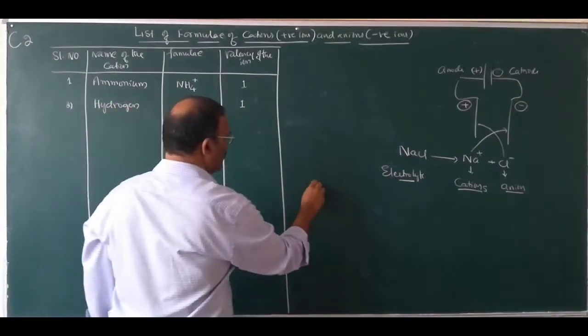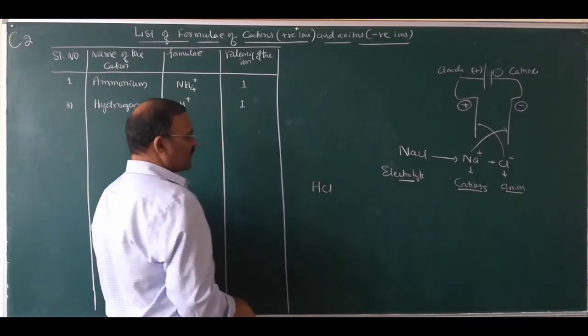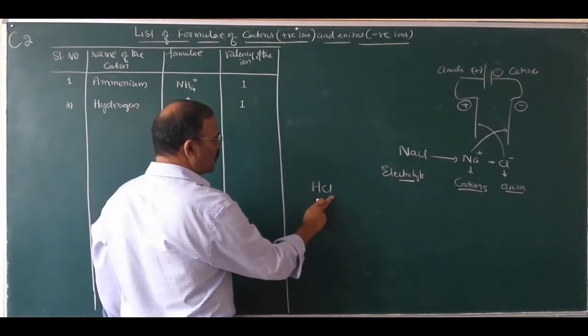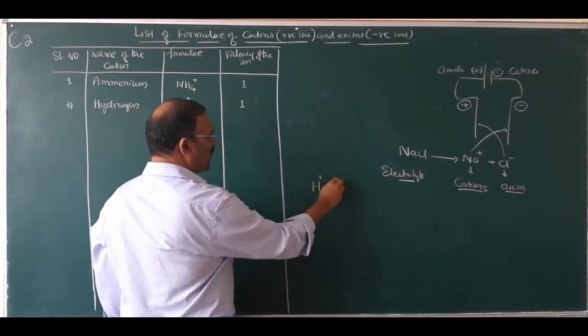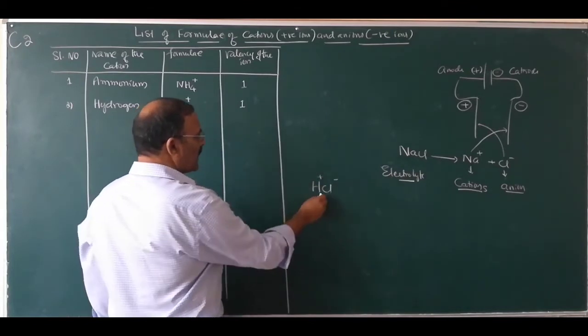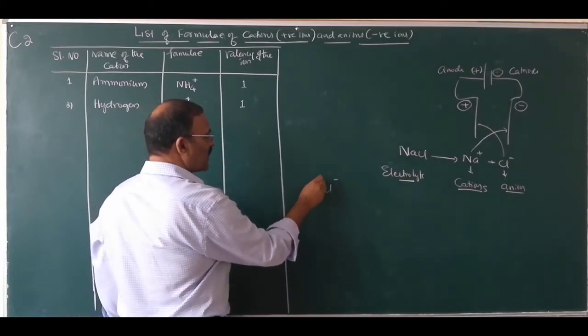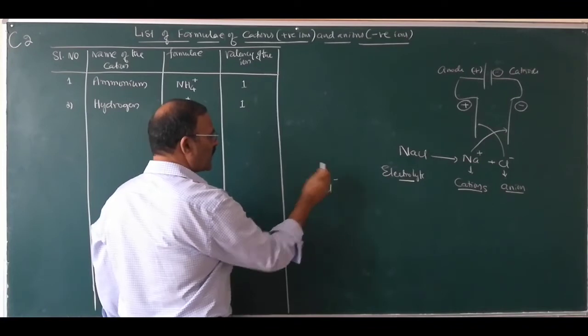For example, HCl is called hydrogen chloride. This is the hydrogen ion, H plus, and this one is the chloride ion.